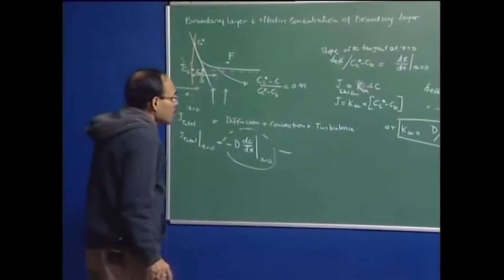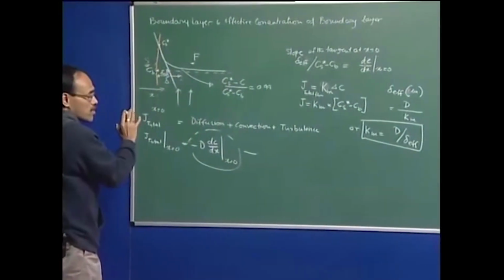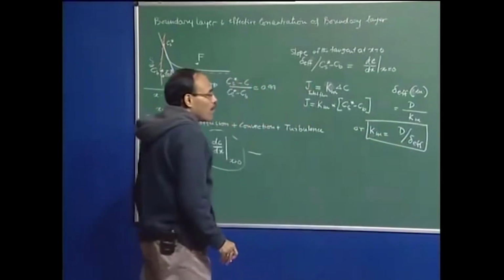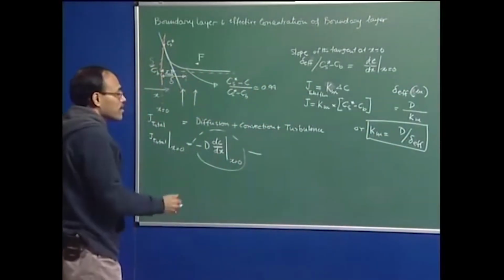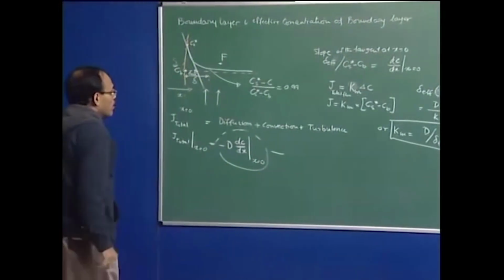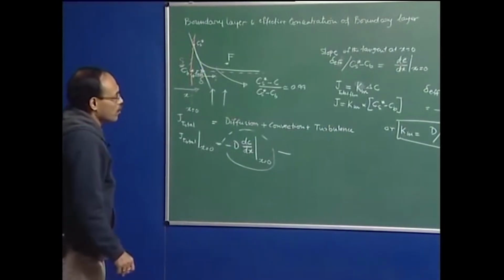Now, the effective concentration boundary layer is important for us, okay? If you know the mass transport coefficient, we should be able to find the effective concentration boundary layer thickness, or vice versa. How do you calculate the overall rate?